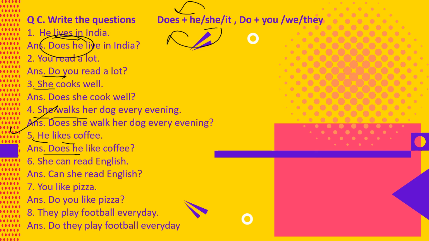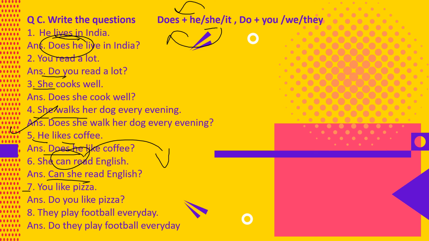The next one comes up, she can read English. The answer will be, can she read English? There is no use of do or does over here. Please notice. Why? Because can is the verb. And it being a verb, we'll use it before the subject.